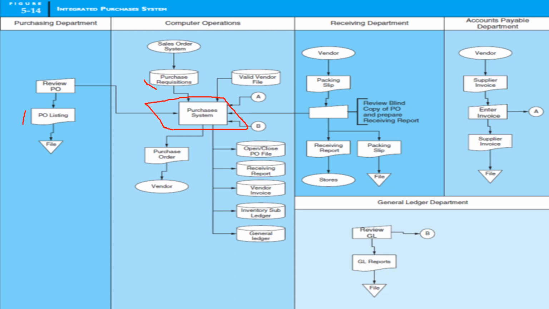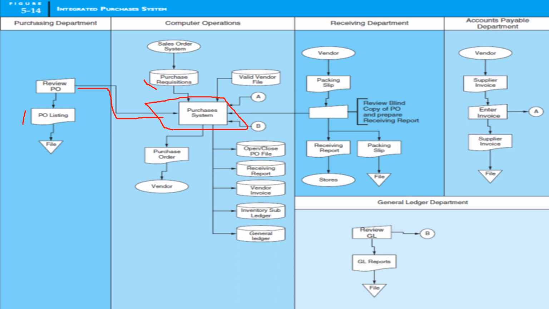Starting from reviewing the purchase order, we list the purchase order in the file. Then at the terminal we key in the data of the purchase order into the system to process it.